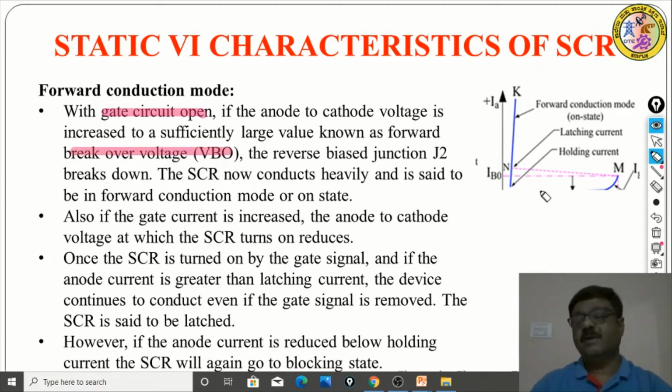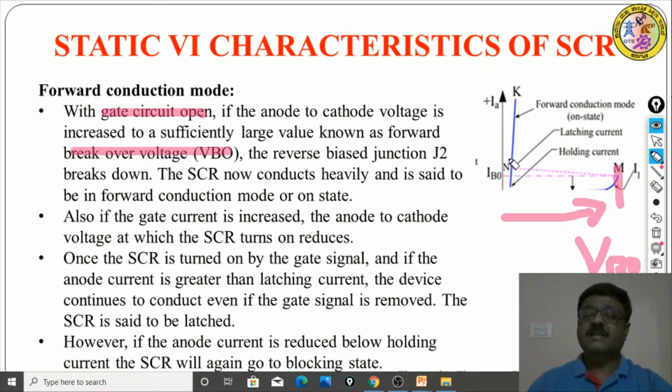This particular value of the voltage of the SCR is called the forward breakover voltage, VBO. When we increase the forward voltage greater than VBO, the SCR anode current starts increasing suddenly, and the voltage across it is minimum, around 1 to 1.5 volts while conducting.